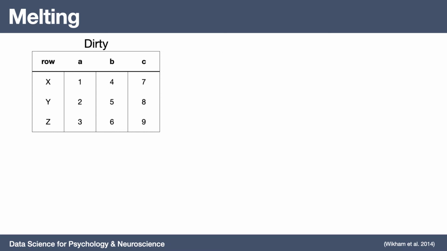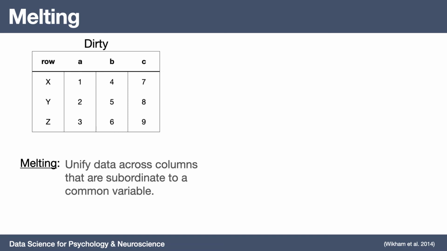So in order to fix this, what we're going to do is we're going to melt the data, which is unify data across columns that are subordinate to a common variable. So the common variable here that we really want to get transferred to a column is the variable of condition.